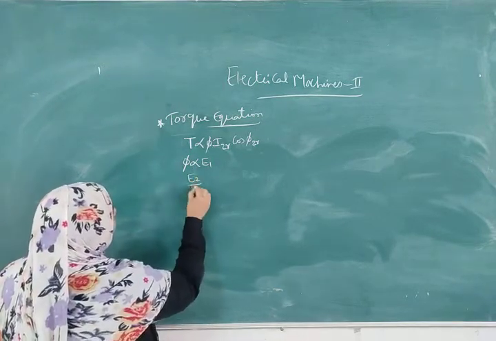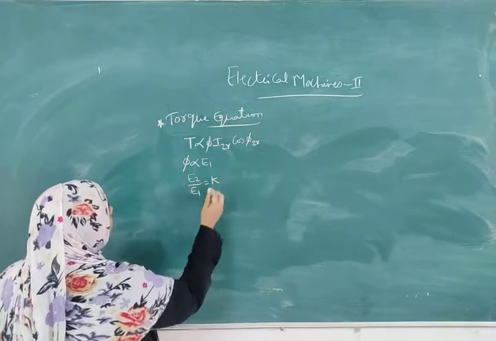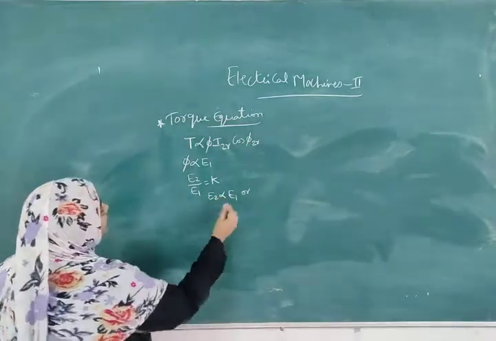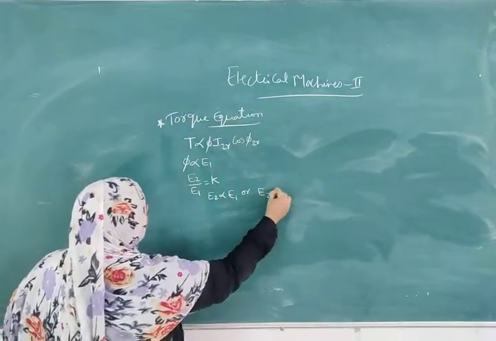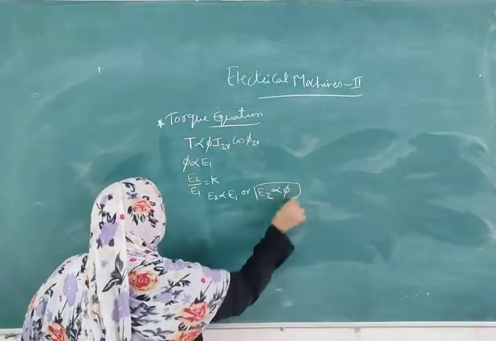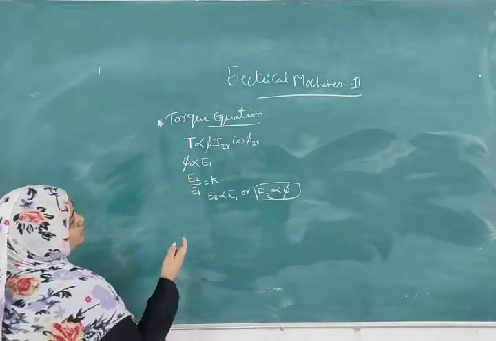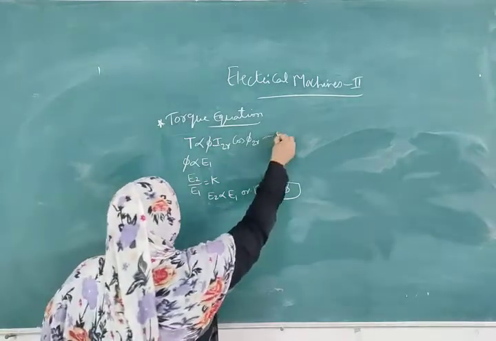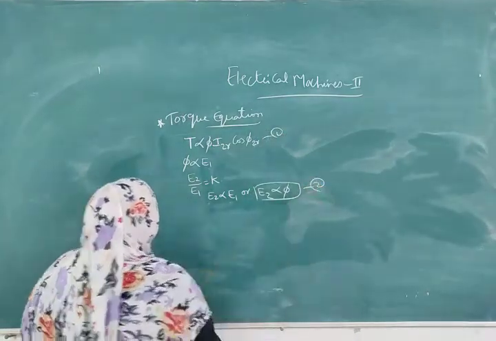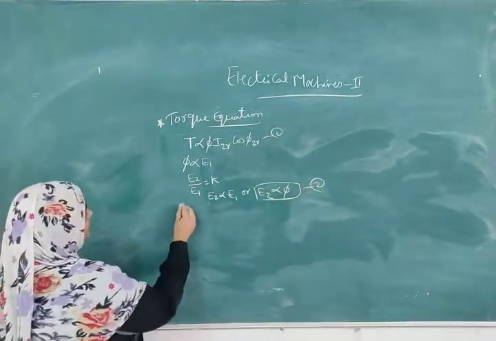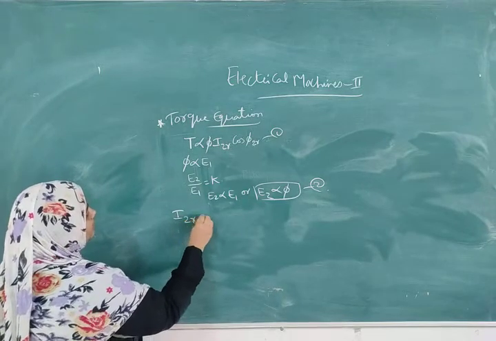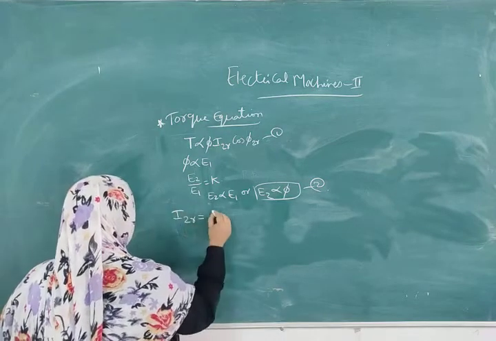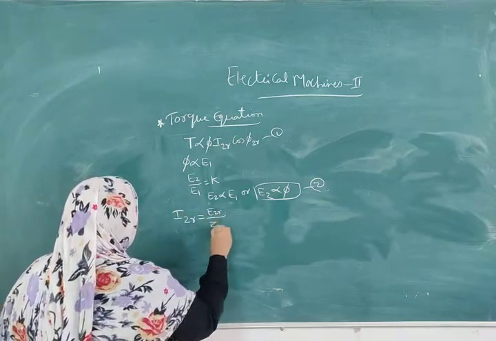Also, from the equation E2 by E1 is equal to K, what can I write? E2 is proportional to E1, and since E1 is proportional to phi, E2 is proportional to phi. Also, I2R we have seen in the previous class: I2R is equal to E2R by Z2R.